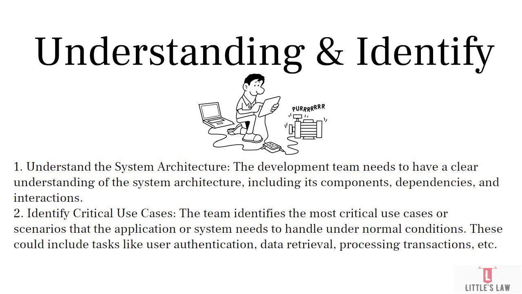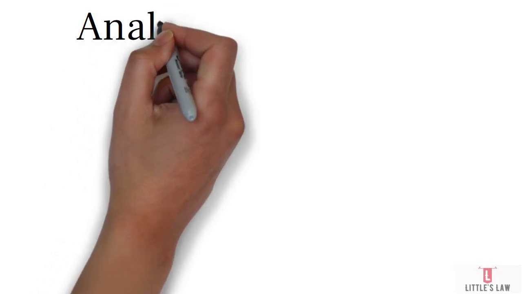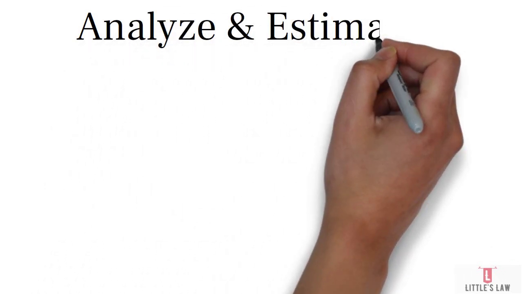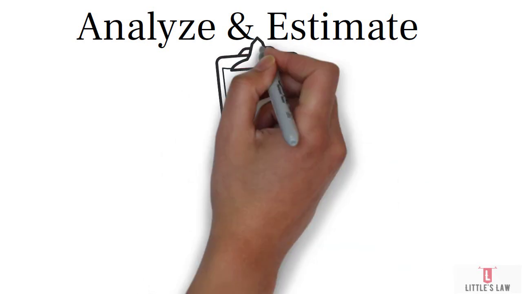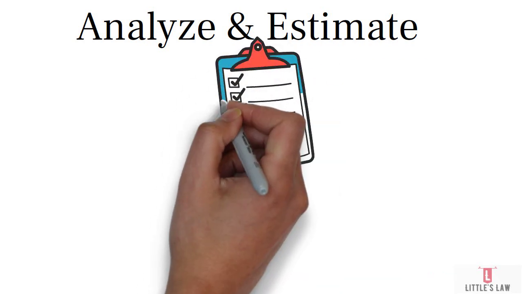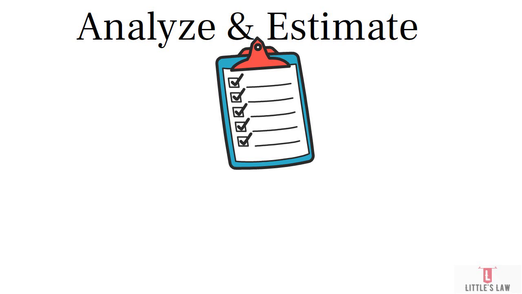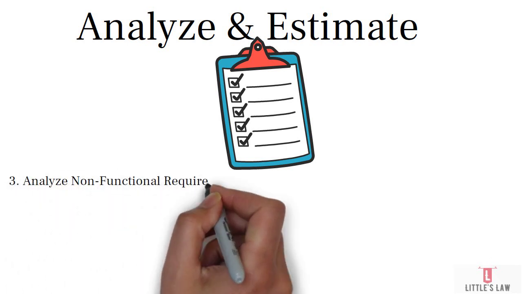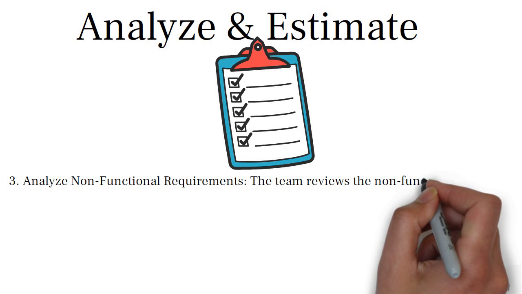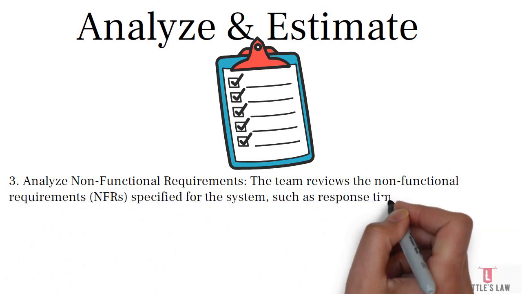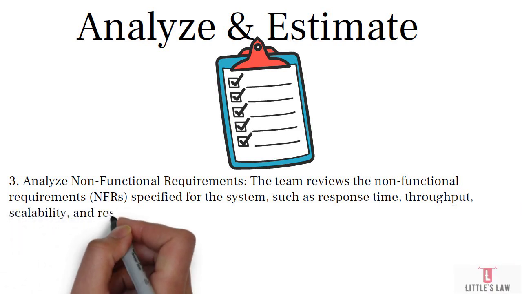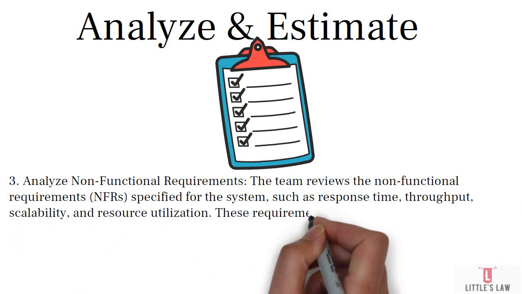And now moving on to the third section. In this scenario, we are going to do two things: one is analyzing and then the estimation. When it comes to analyzing the non-functional requirements, the team must review the non-functional requirements specified for the system, such as the response time, the throughput, the scalability, and resource utilization.